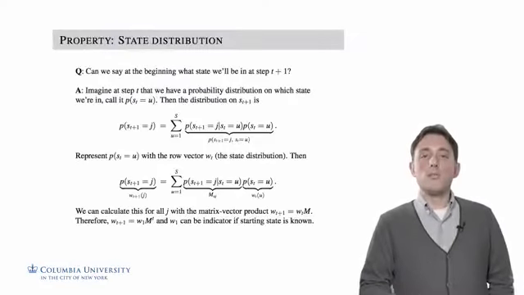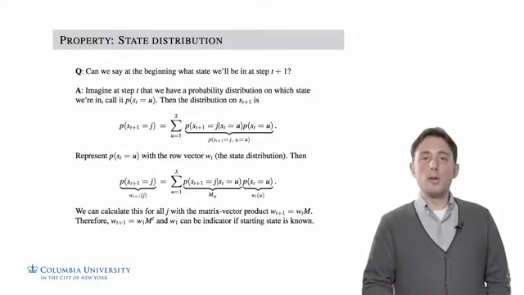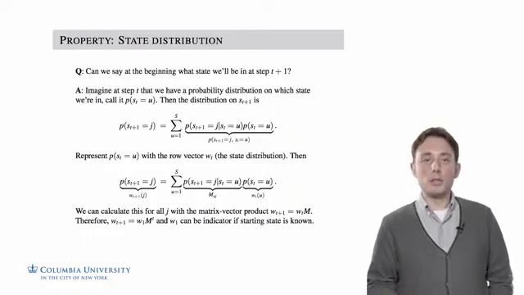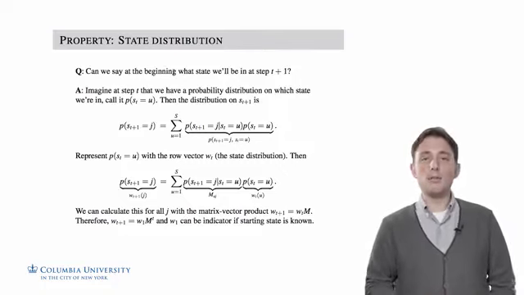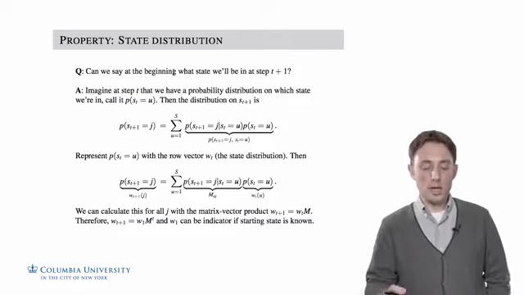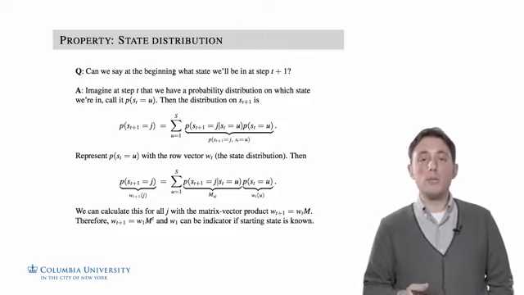So now let's look at some more fundamental properties of Markov chains. And we're going to ask some questions. First, can we say at the beginning of generating data from a Markov chain which state we're going to be in at time t plus 1?